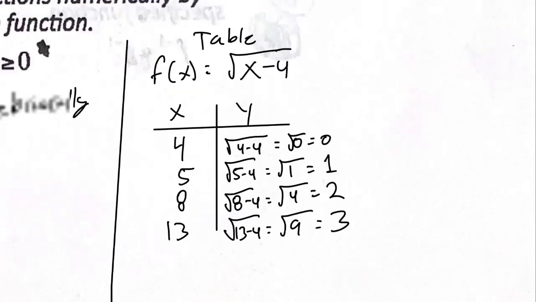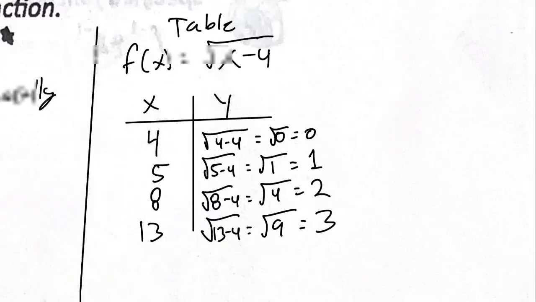So very good. We'll just use these coordinates. We don't care about 6 or 7 or 9, 10, 11, or 12 because we want just perfect numbers. We don't want decimals. By now you should all know what the square roots of perfect squares are, right? 0, 1, 4, and 9.